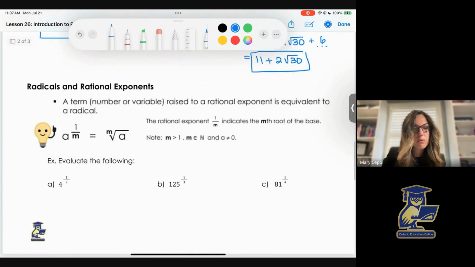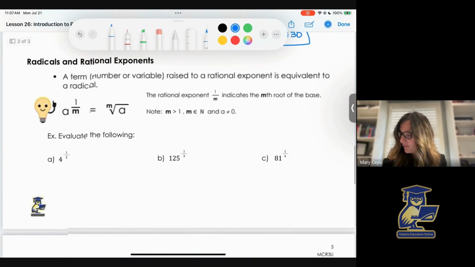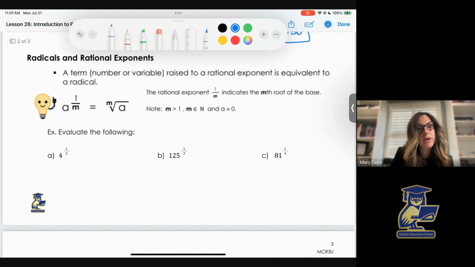Okay, moving on, we're going to look at radicals and rational exponents. Okay, a term, number, or variable raised to a rational exponent is equivalent to a radical. So a to the exponent of 1 over m is equal to the mth root of a. So the rational exponent 1 over m indicates the mth root of the base.